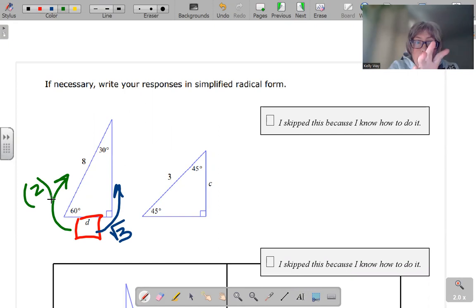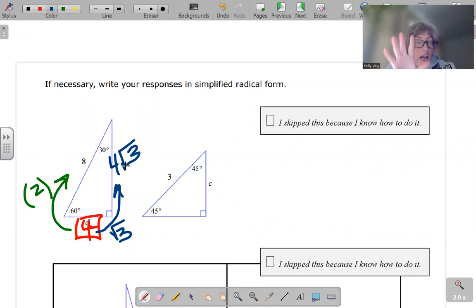So in this case, something times 2 is 8. Your something here is going to be 4. And then this would be 4 root 3 if you were asked for that.